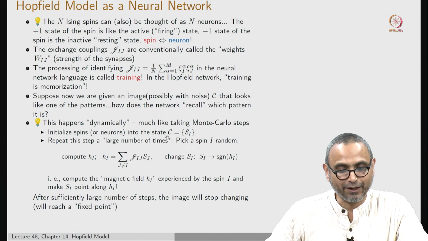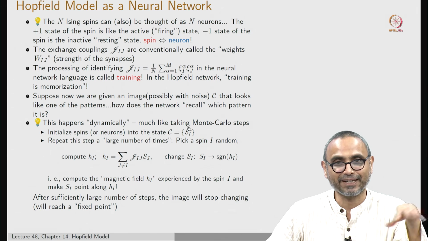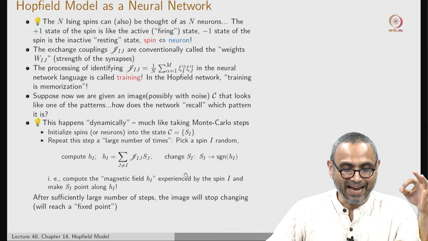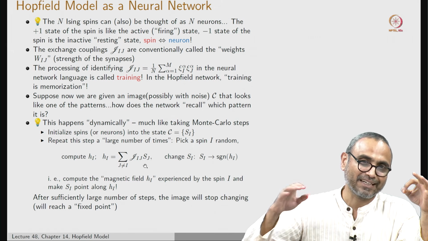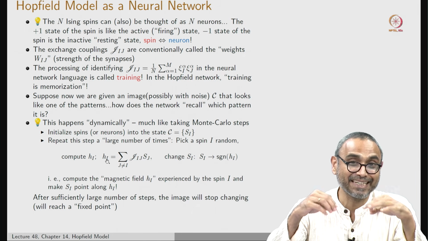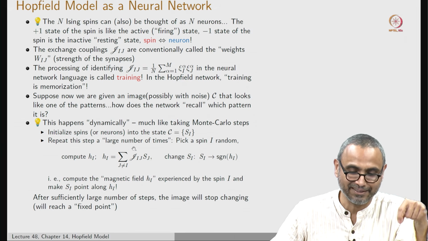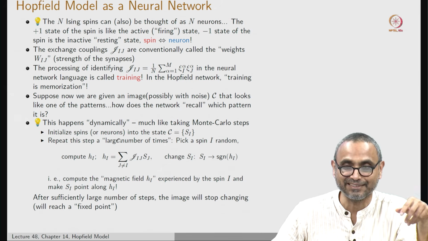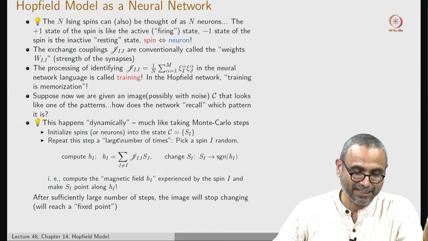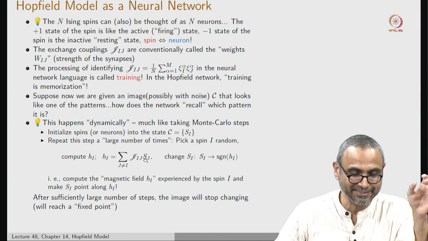And what you have to do a large number of times is the following: pick a spin in this configuration at random, and using the configuration of all other spins, you find the effective magnetic field on the spin that you have chosen. That is very straightforward. We have seen this when we were doing mean field theory, we understood that this is the effective magnetic field acting on the spin i. So you just run over all the j's which are not i, take the exchange couplings, multiply them by the spin state at all the j's, and you will get the hi.